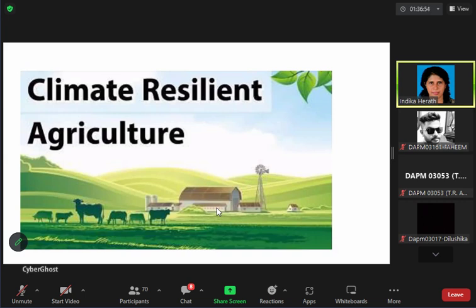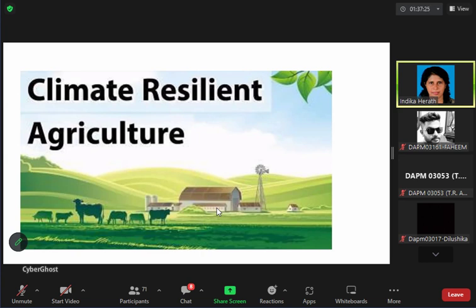So climate resilient agriculture means we are going to develop or change our cultivation pattern to resist the climate change, right? We try to reduce or minimize the effect of climate change on our crops.